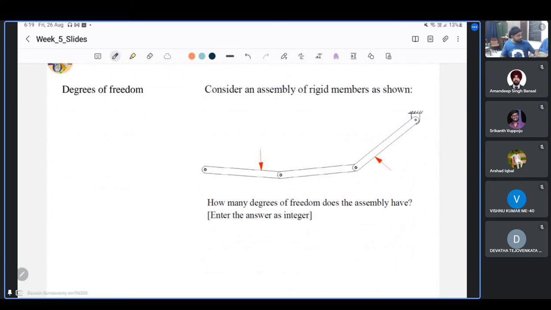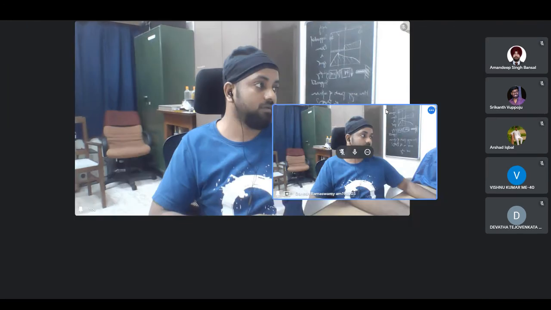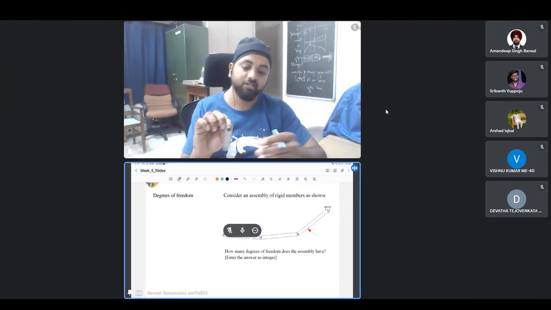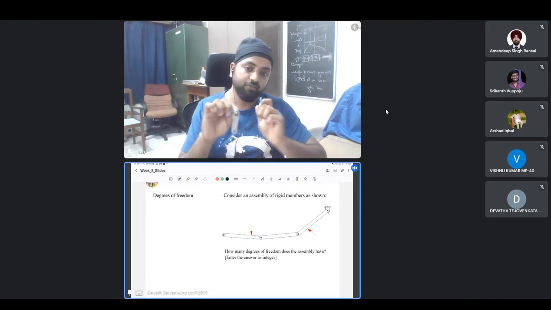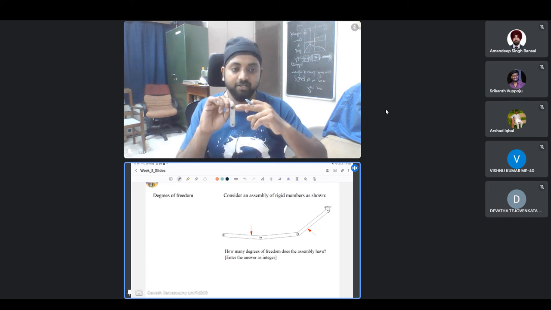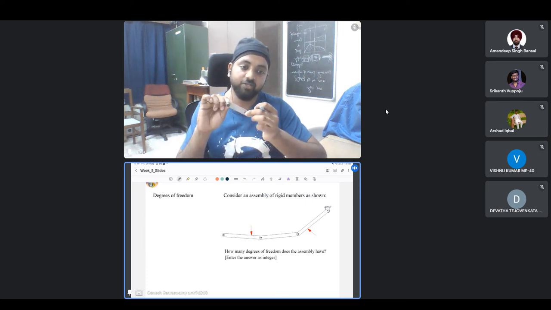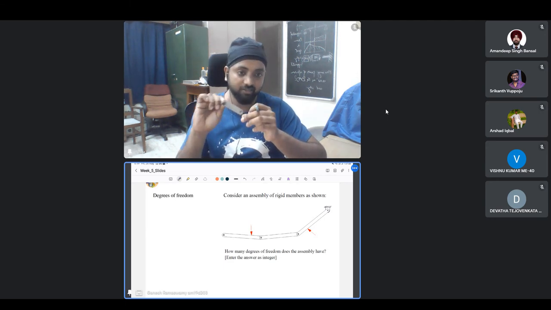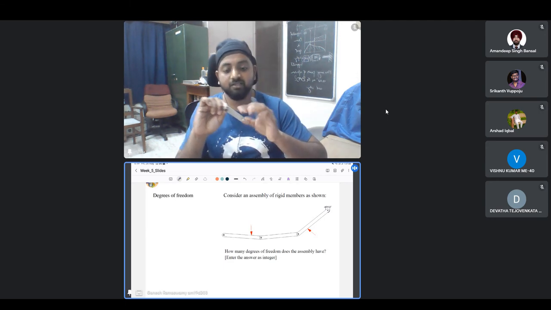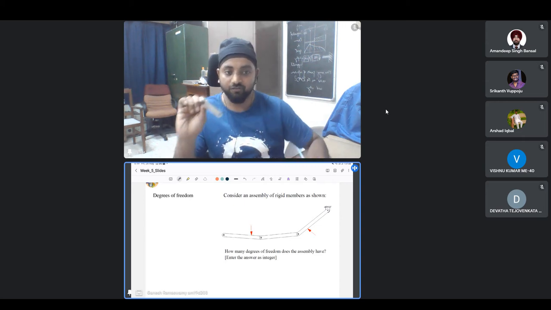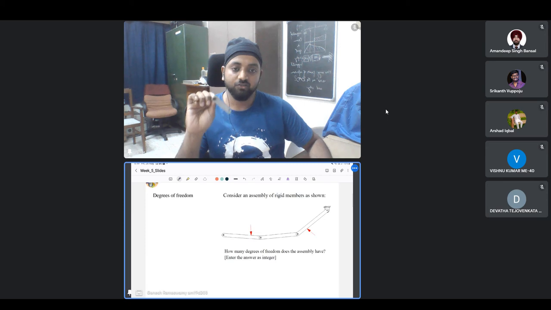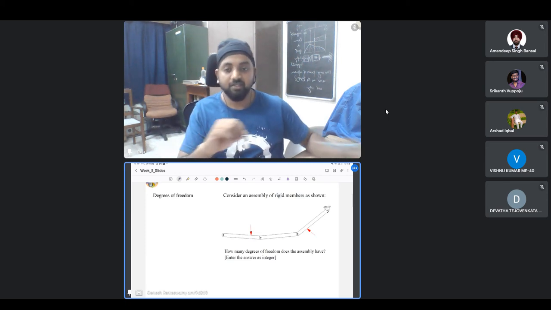For example, if we have a single link, and I take horizontal as my datum and just rotate it by some angle, I'm able to define where each and every point in that link would lie. In which case, I require only one theta, only one parameter to define the entire configuration of this system. So that is what is called the degree of freedom.